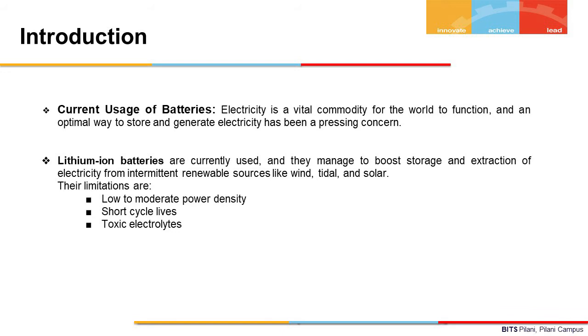However, the life cycle analysis of lithium ion batteries shows that they do cause a negative effect on the environment. The three main disadvantages of lithium ion batteries are their low to moderate power densities, short life cycle, and toxic electrolytes. This especially hampers their application in transport and industrial sectors.